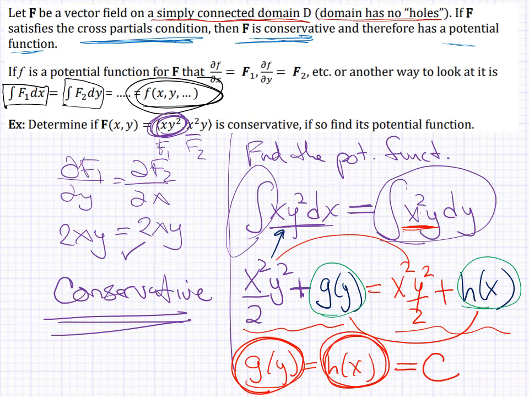They don't have any x's or y's in them. And so the potential function, f of x y, at best is going to be x squared y squared over 2 plus some constant c, which we won't be able to figure out what that c is.